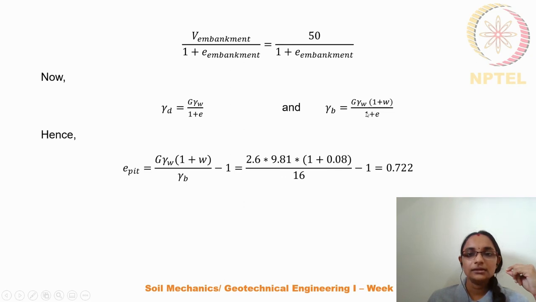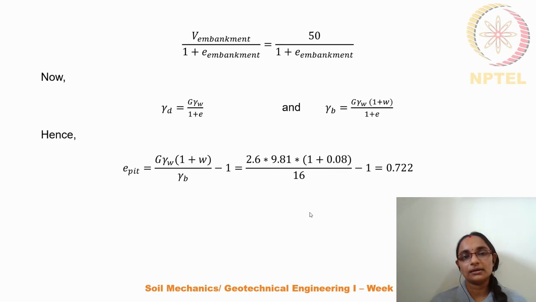Taking the 1 plus e denominator to this side, bringing gamma b to the right hand side of the equation, and then deducting the remaining 1, we get void ratio of pit as 0.722.